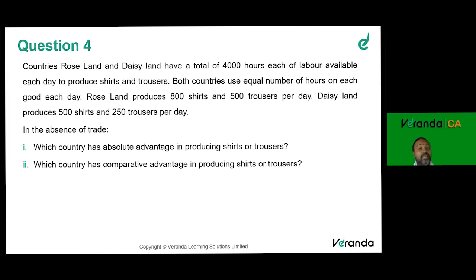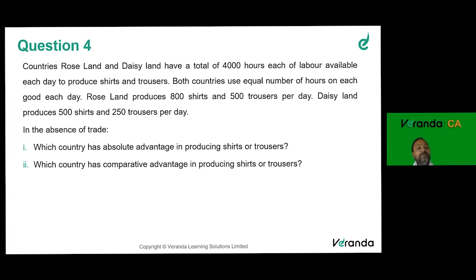And similarly, instead of that 800 shirts, can I make trousers there for Roseland? Like that, we have to compute. So for that, we are planning to introduce some variable. If I am not going to produce that, what is the opportunity cost? Once I know the opportunity cost, then I can answer for the comparative advantage.